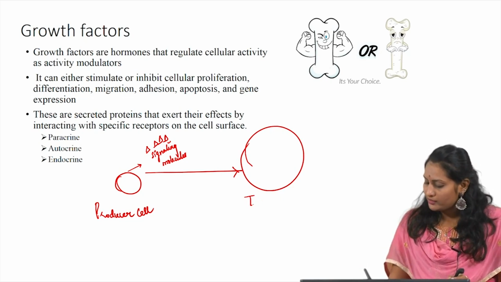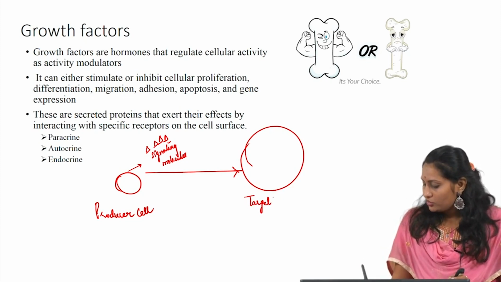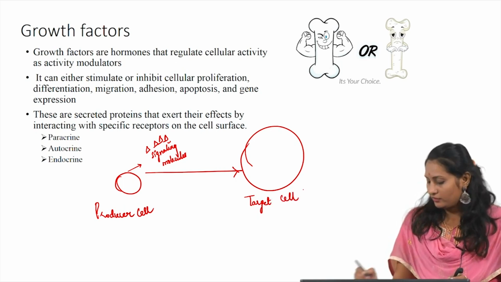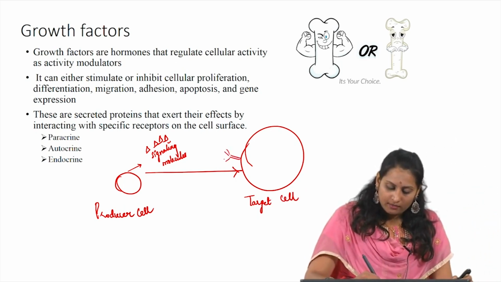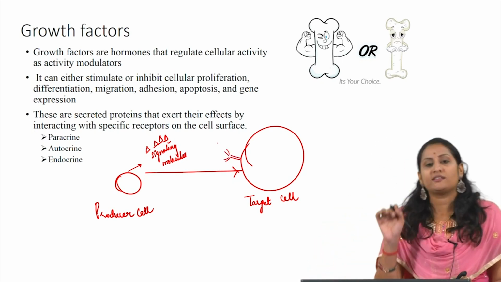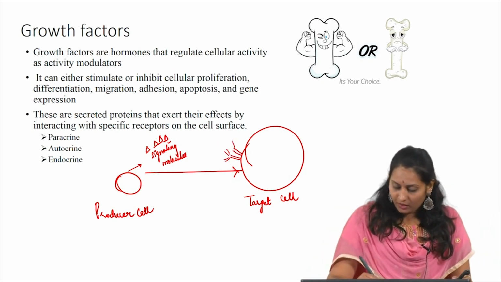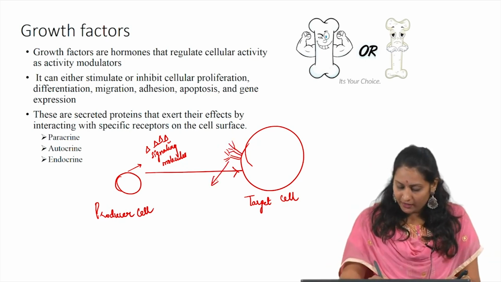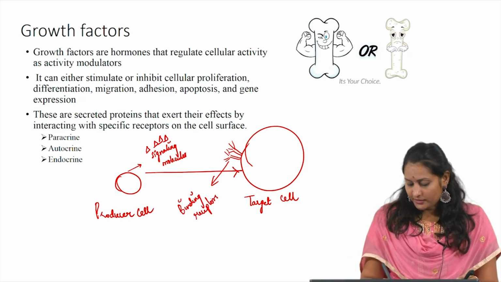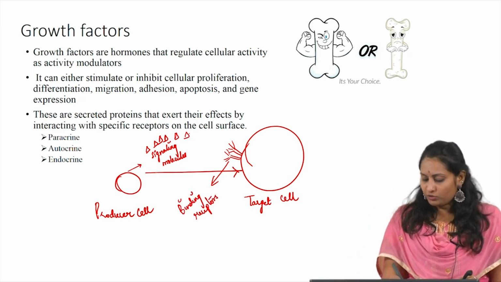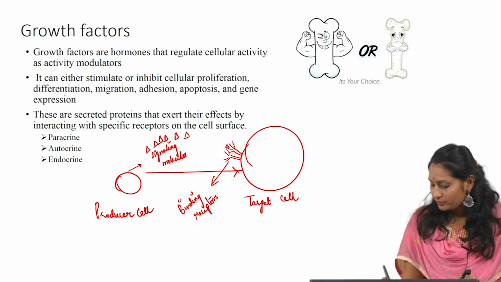We need to elicit a biological response in this target cell. This target cell has binding receptors on its surface. These signaling molecules go and bind to these receptors.